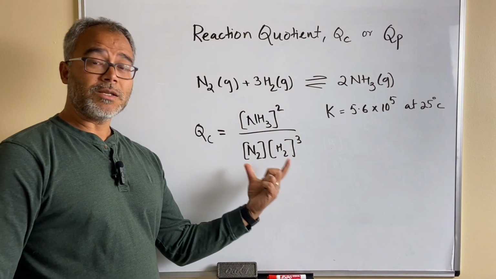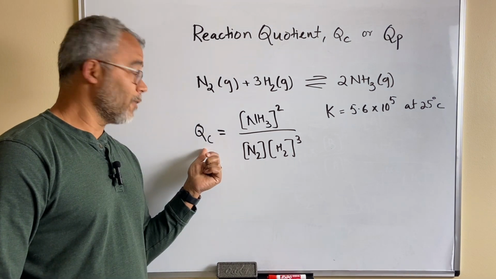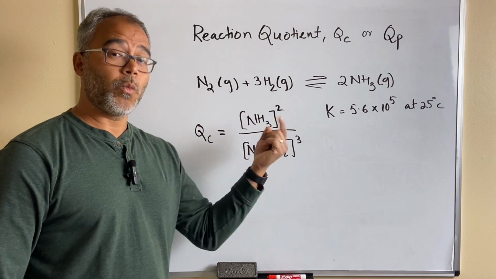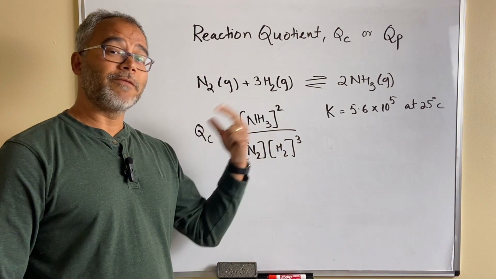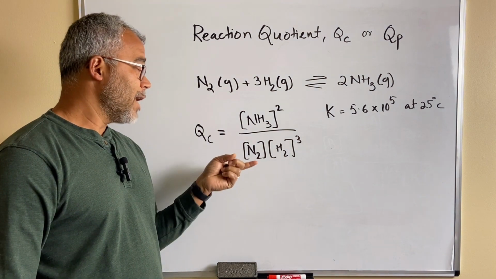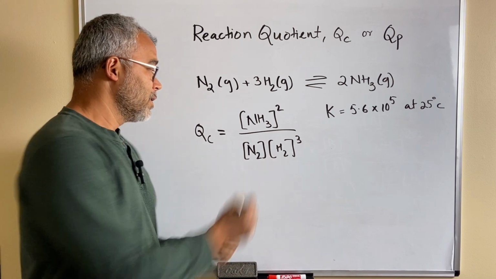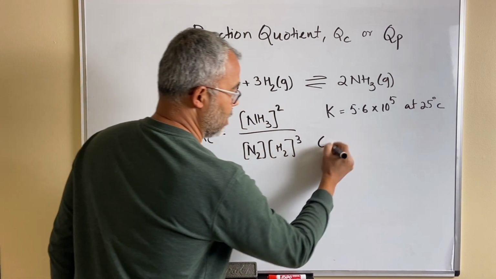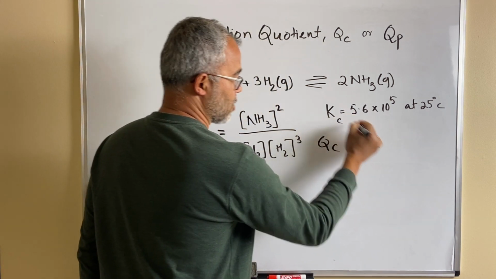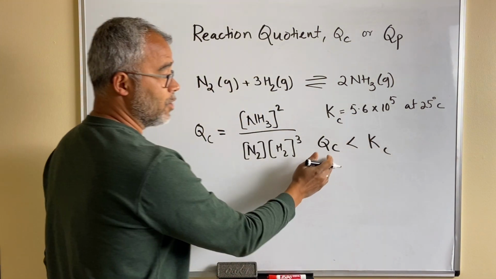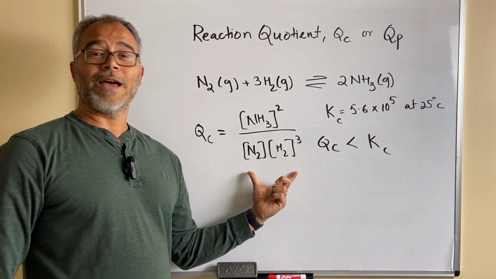Now, because this is not at equilibrium, what we'll notice for QC, depending upon where we are with respect to time, is that if it is at the very beginning of the reaction, then you're going to have many more reactants than products. Therefore, this value of QC is going to be much less than the value of K. Let's call that KC. So the value of QC is going to be much less than KC because we're going to have too many reactants.